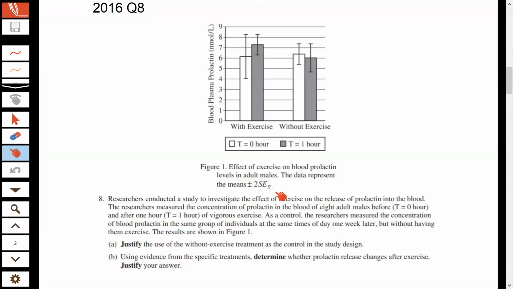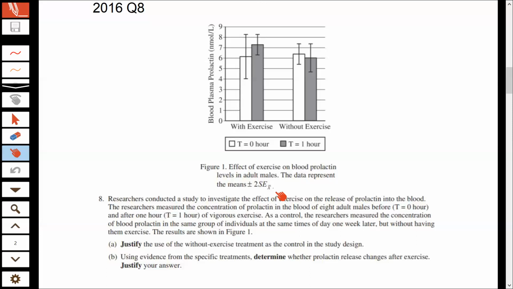So B, using evidence from the specific treatments, determine whether prolactin release changes after exercise. Justify your answer. So how would you think that we would answer this question? Well, what I'm looking at is that with exercise, 0 hours is the same as exercising for 1 hour, and they both went up.